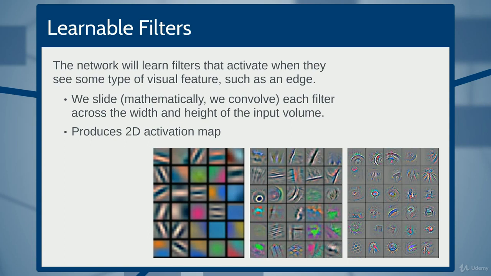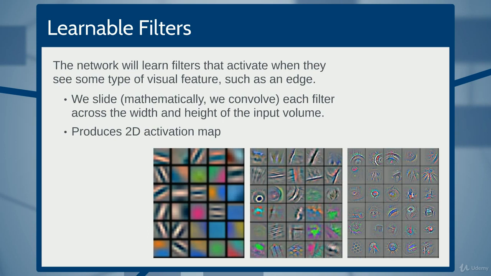So intuitively, the network will learn filters that activate when they see some type of visual feature, such as an edge of some orientation or a blotch of some color on the first layer, or eventually entire honeycombs or wheel-like patterns on higher levels or layers of the network.